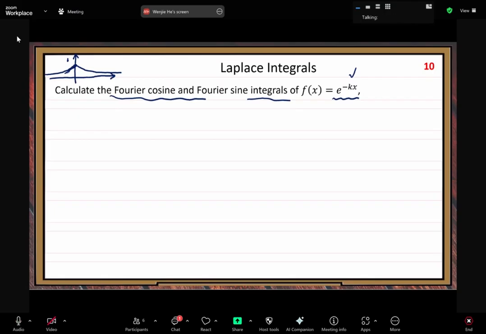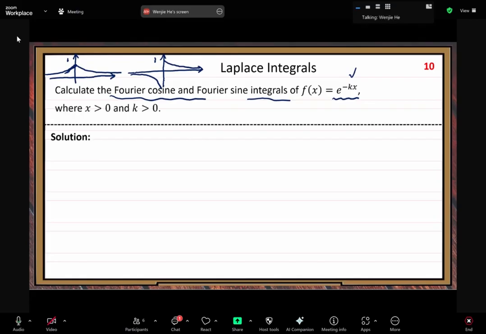Similarly, for the sine integral, this time you need to do the extension in this way, making it an odd function. Then you can do the Fourier sine integral to represent that function. All right.